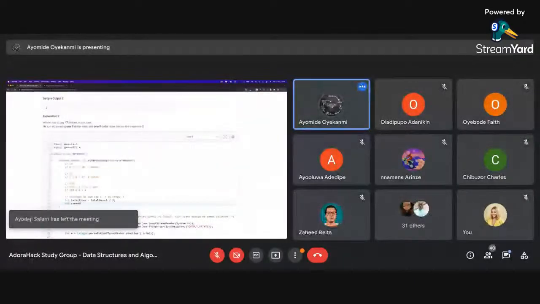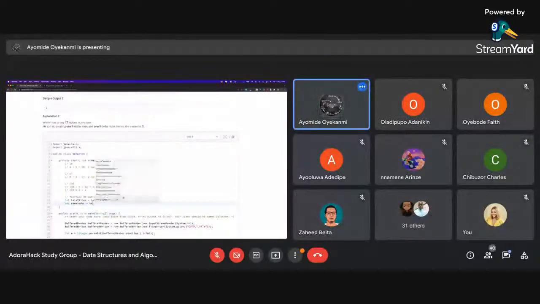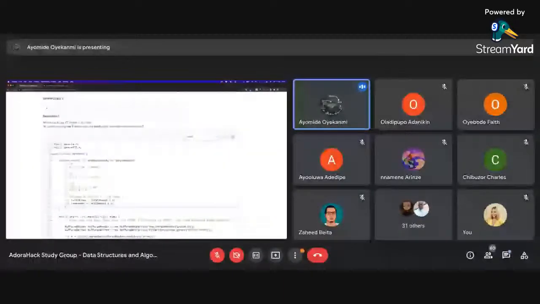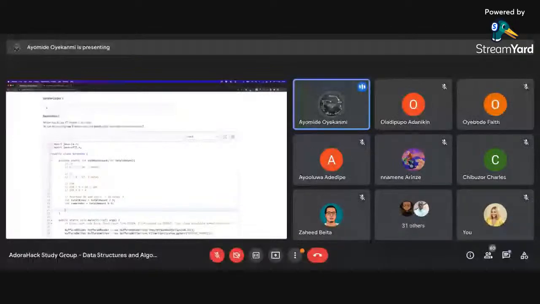That would be something like total amount modulus 9. And all we want to do is return. Okay, so we need to do a check here.